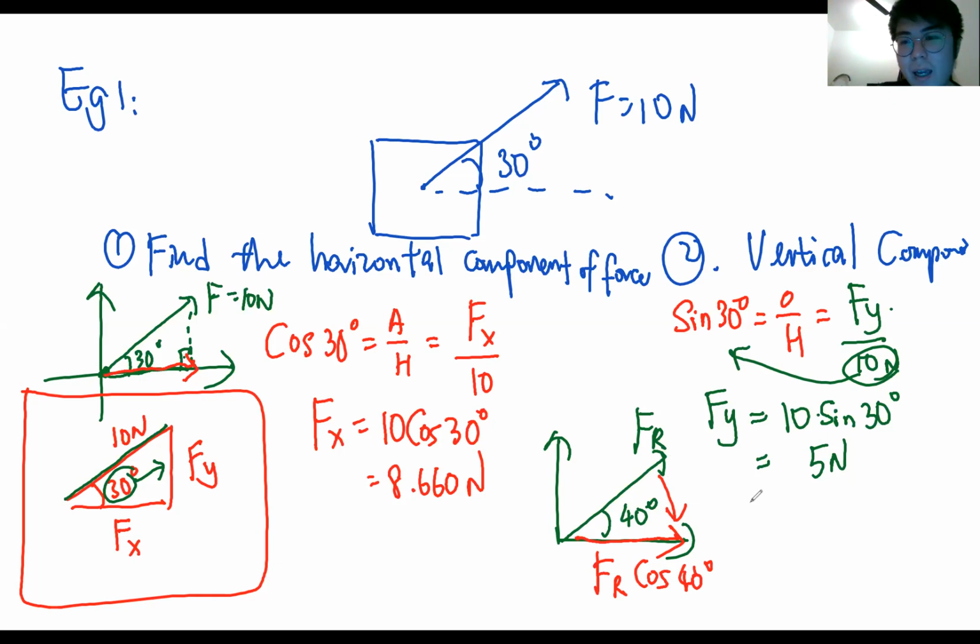If you take Fr sine the same angle, imagine pushing the line up so it becomes a vertical line. So Fr sine 40 is the vertical component. So Fx equals Fr cos the angle, and Fy equals Fr sine the angle.